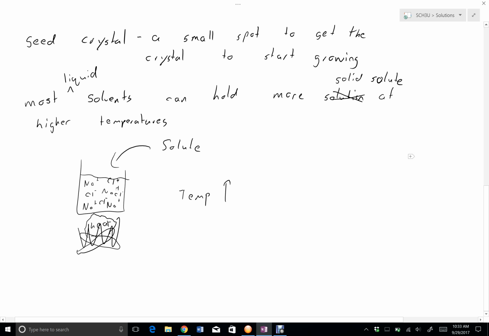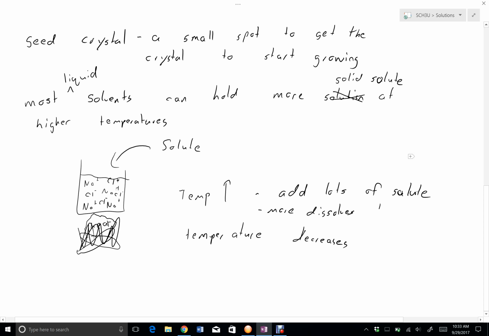And then if we get rid of our fire, we take it away from the heat and we let the temperature come back down. So we raise the temperature, add lots of solute, more dissolves than usual due to increased heat.